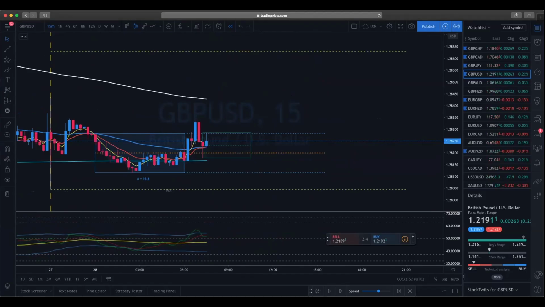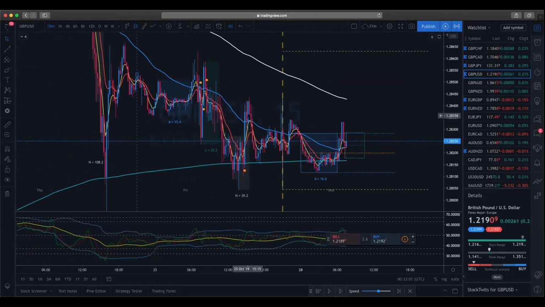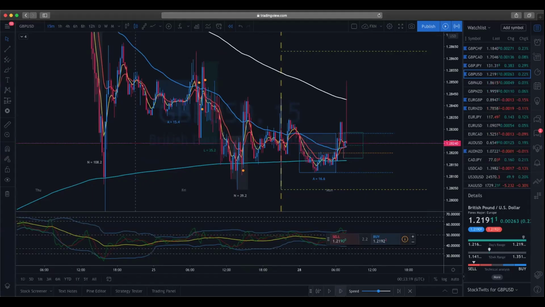Sell. Okay. Let's take a look and see what happens with the bias of a sell. Because right now you still have the 800 below you, the 50 going straight through price. You still have the 200 above you, right? So you're kind of in the middle, squishing in to see what happens here.